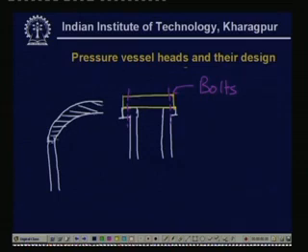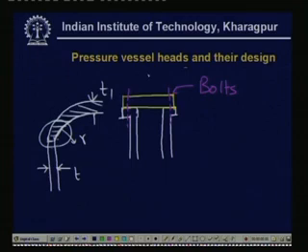So, this is again the disc head, but here this thickness is T1 and this is let us say T. Now, there is a radius R, this radius is very important in order to reduce the stresses, because there may be a stress concentration here.